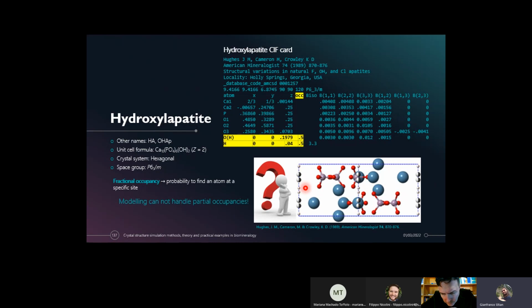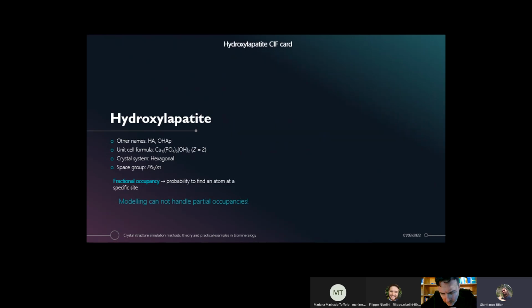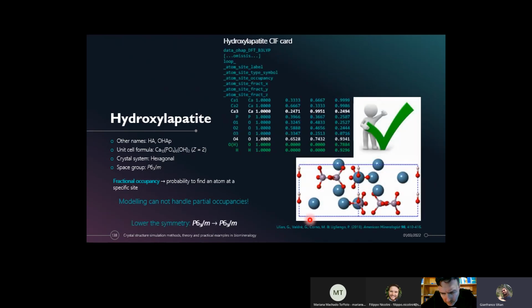If I want to study it by a simulation, I have to make a choice. How do I orient these hydroxyl ions? I have to choose, because modeling cannot deal with partial occupancy. For example, I choose this kind of orientation. It is equivalent if I make it the other way.